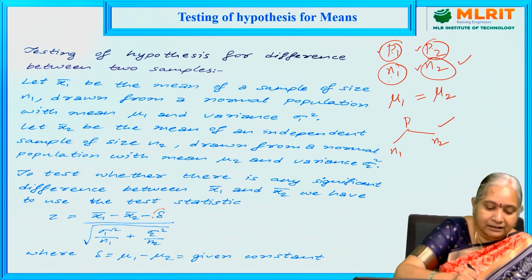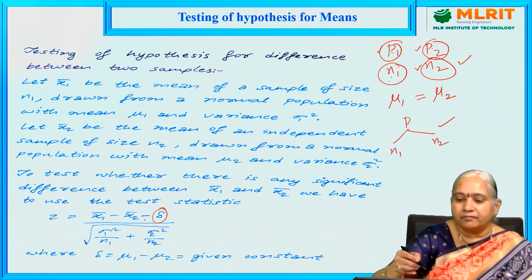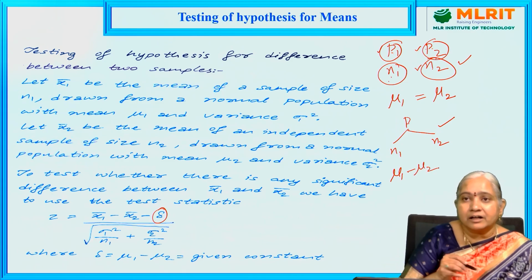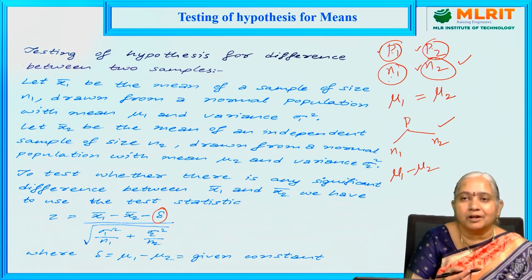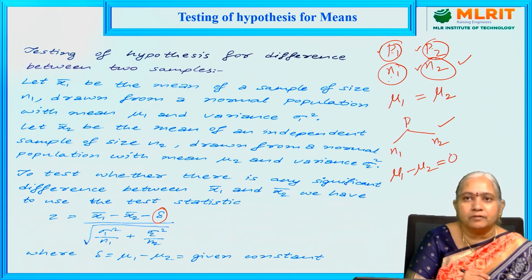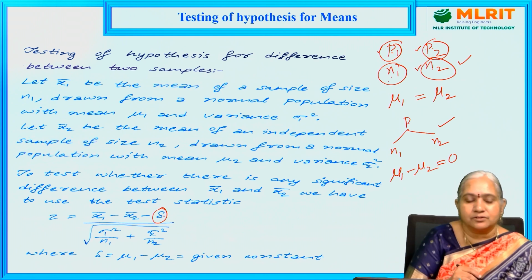Here delta is the difference between the means of the two populations, that is, mu1 minus mu2. Our claim is there is no significant difference between the means of the populations, so this value is 0. So mu1 minus mu2 equal to 0, so the delta value is 0.